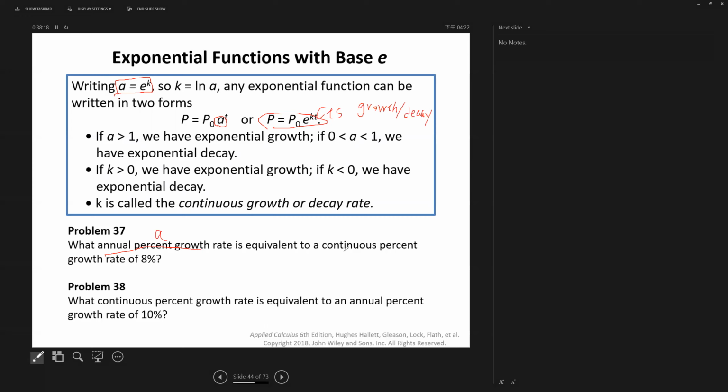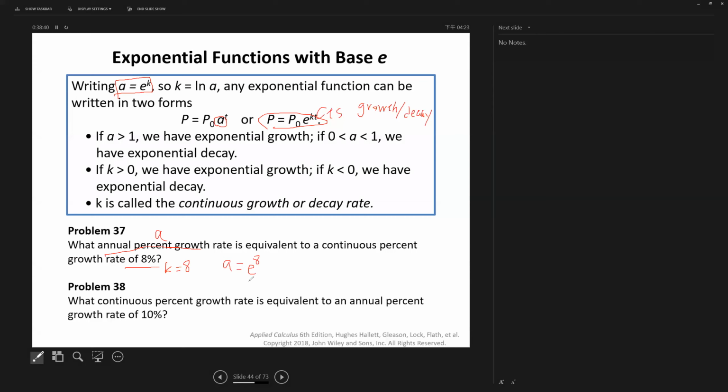It is equivalent to a continuous growth rate of 8%, so k is equal to 8. And we know that a is equal to e to the power of 8.